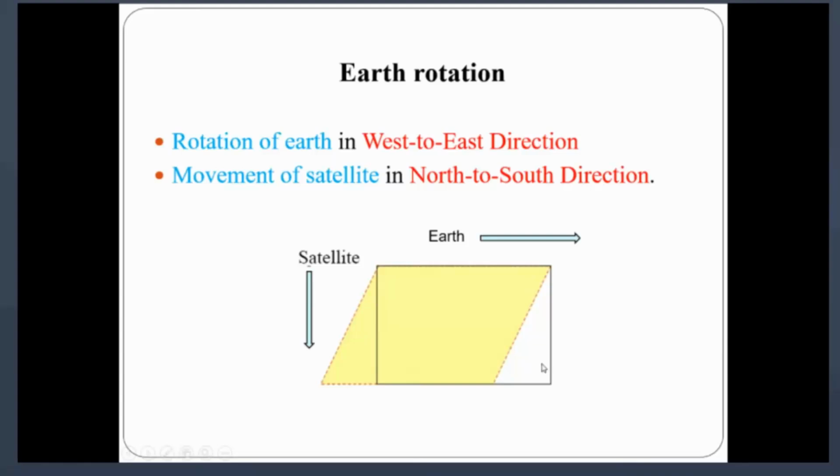However, the Earth keeps on rotating from west to east. This arrow is showing west to east, and this arrow is showing north to south. Subsequently, the area seen by the satellite is shifted from this rectangle to this parallelogram.